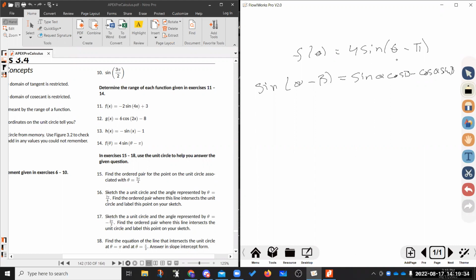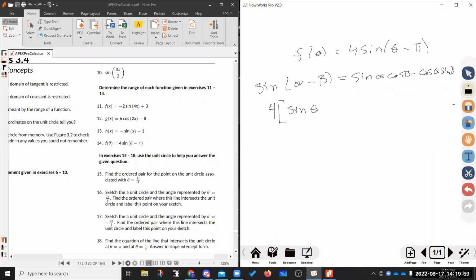I'm going to do that here to simplify it. This is going to be 4 times sine of theta. I don't think that's going to help me at all now that I look at it.